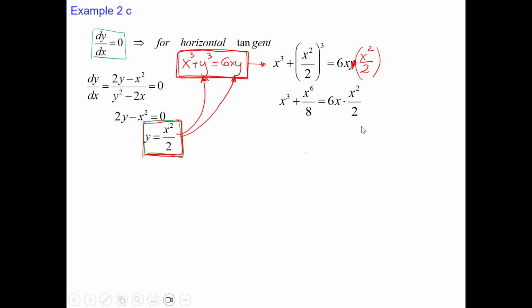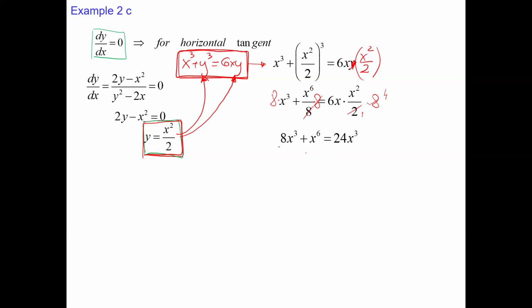I think I multiply everything by 8. Let's see what we will get. 8x cubed, that 8 is cancelled out, which is just x to the power of 6. And this one can be cancelled out. 4 times 6 is 24. x times x squared is x cubed.